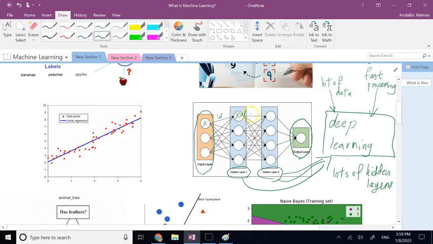So maybe here there is some function like f, as well as some new gain, like if you call this w1 and then call this w2, and there is also some function here like f1. So the data here is like f1 of x times w1, but then the whole thing is also multiplied by w2. And keep going. So you can use lots of different activation functions and lots of different weights.